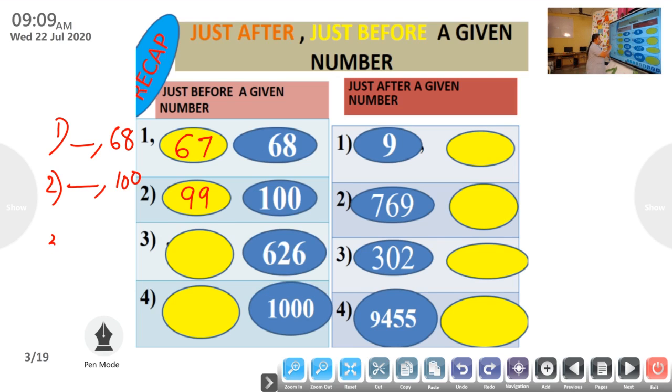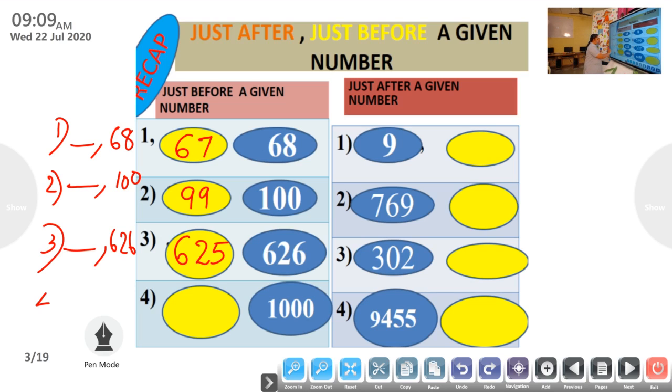Then number 3. Write the question number 3. Dash 626. So how do you write the backward number? First write 100 space same. Then 26 backward. This is 25. Is it clear?